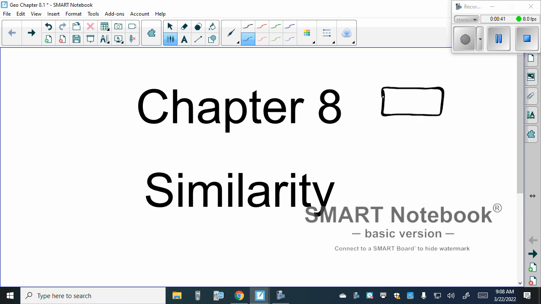We can say this here is a rectangle. Now this rectangle is similar to the board because they are both rectangles, but are they the exact same? Well, no, one is definitely bigger than the other. So when we talk about things being similar, they're not going to be the exact same size, but they're similar to each other, so other properties are going to be the same.